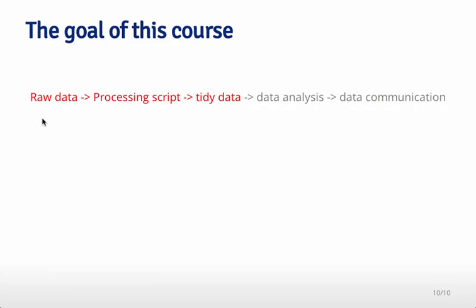So if you think about the whole pipeline of going from a raw data set that you might have in a database all the way to the end to the data that you might communicate to a colleague or a collaborator or a business partner, there's actually a large number of steps. What ends up happening in most statistics or machine learning classes is they focus on this data analysis step, which is an important component of the data processing pipeline.